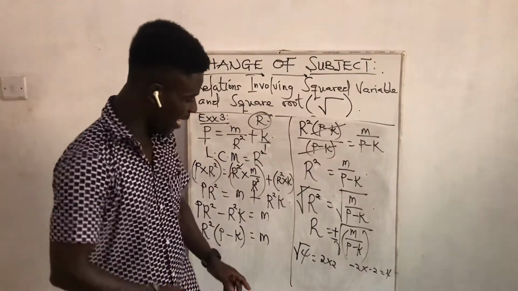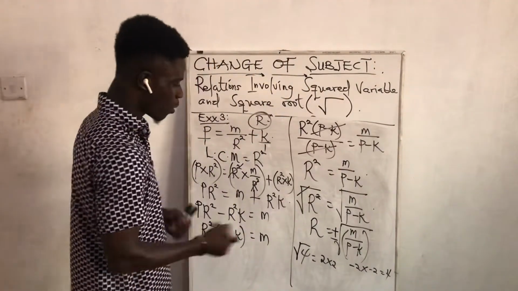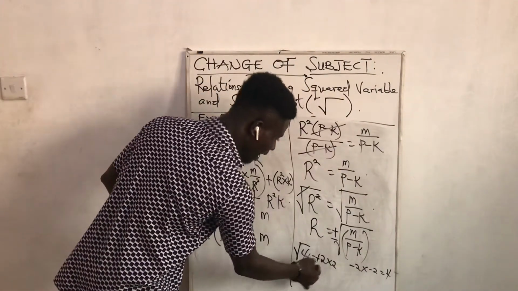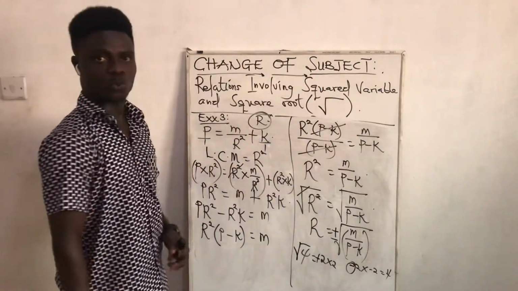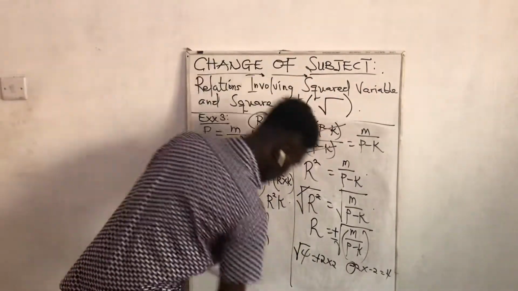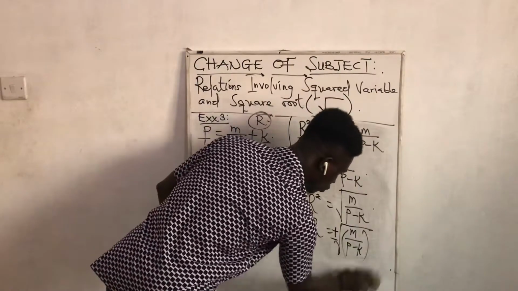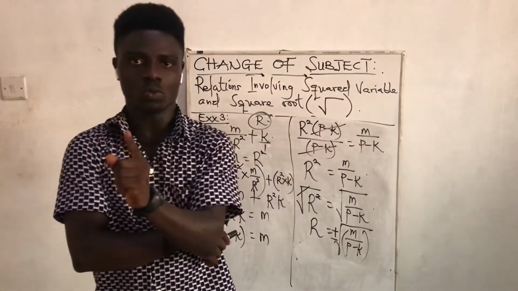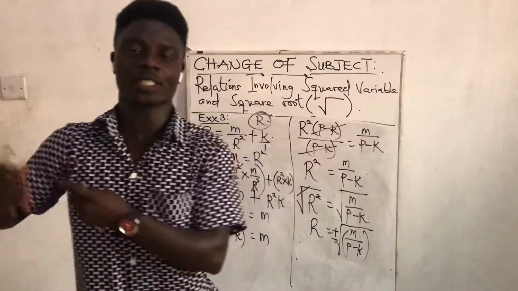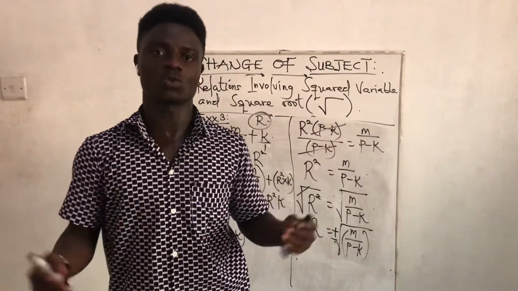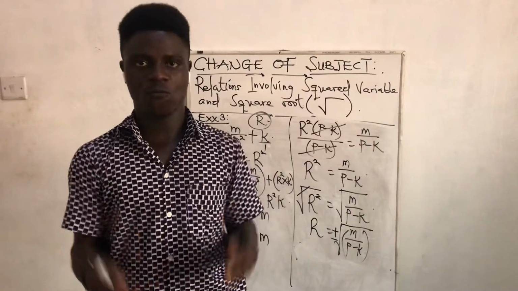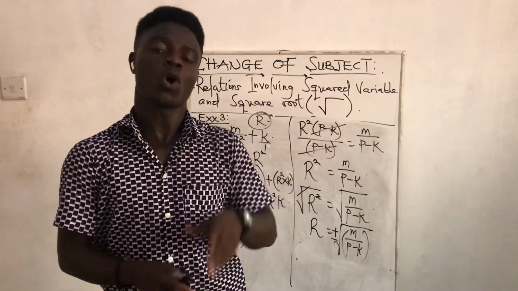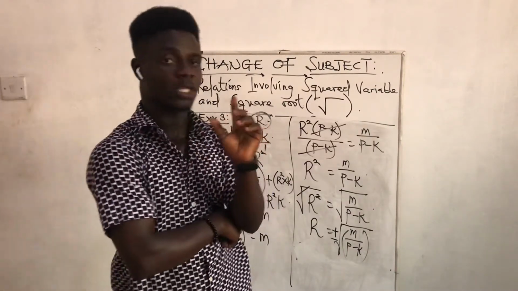So it means that square root of 4 is either plus or minus 2. So minus 2 or positive 2, they will all give us 4.